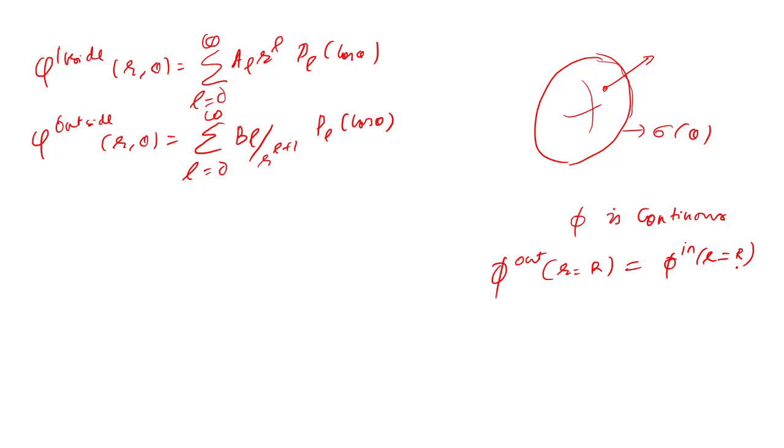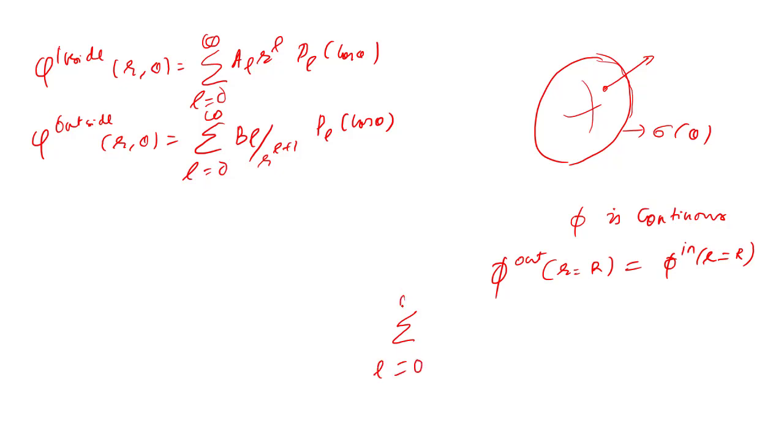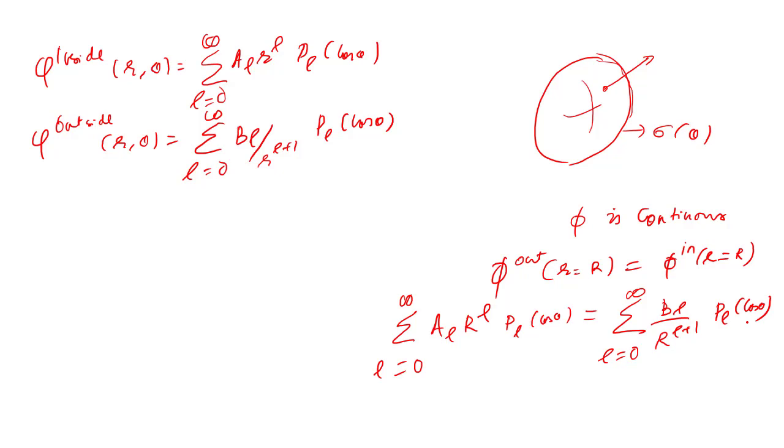Right? So that means the sum over L from 0 to infinity of A_L capital R^L P_L(cosine theta) is equal to the sum over L from 0 to infinity of B_L by R^(L+1) P_L(cosine theta), right? So these two terms are equal at r equal to R. Then we can see a relationship there.